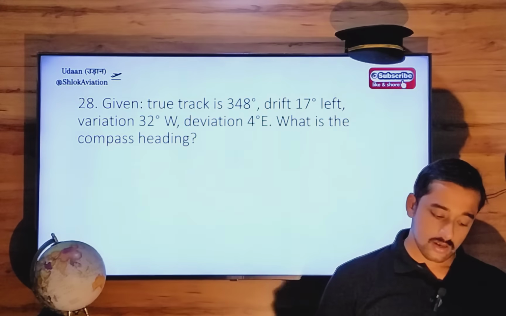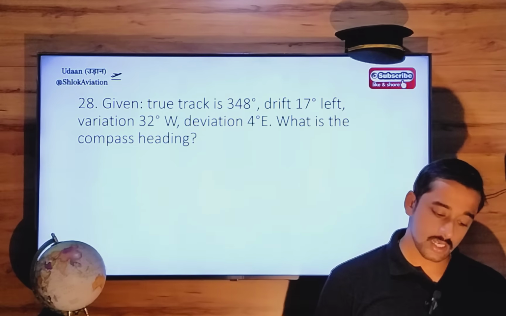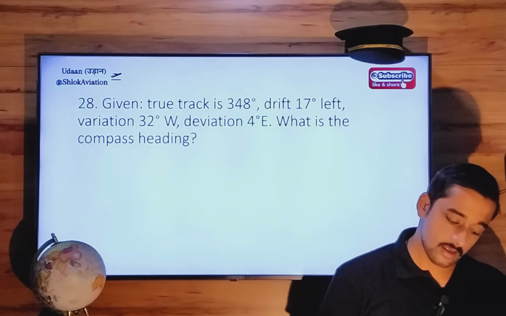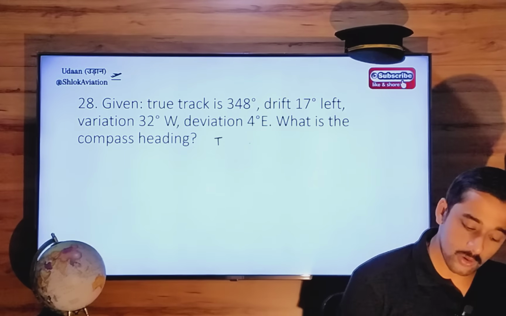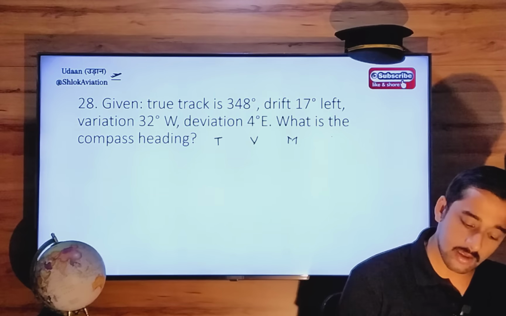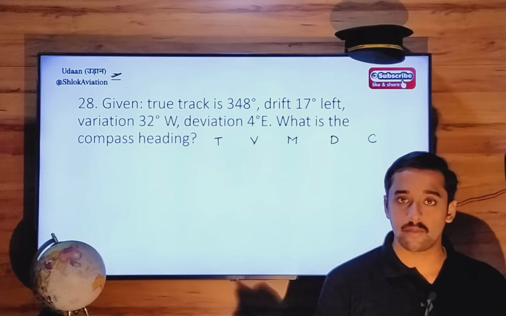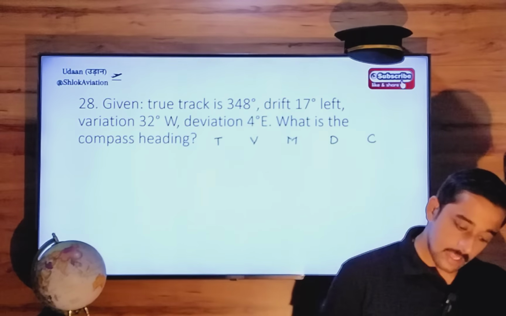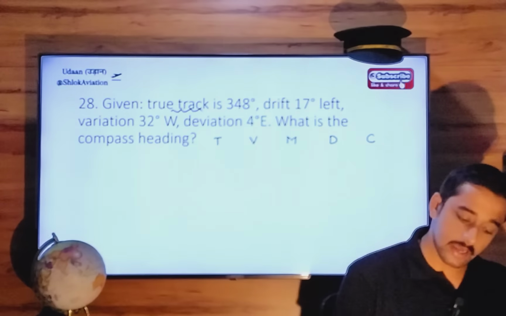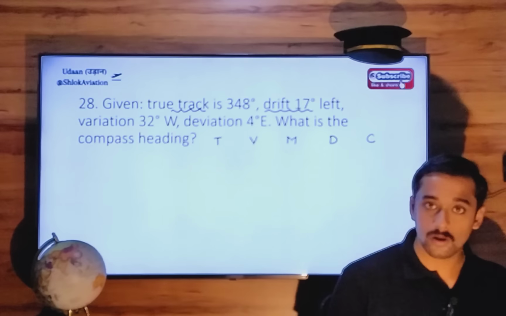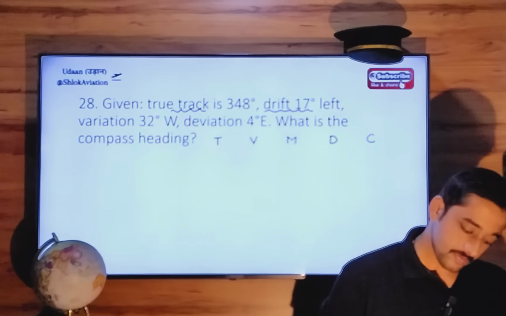Next. True track, drift, variation, deviation. What is compass heading? To get compass heading, you must know true heading, magnetic heading, deviation, and then ultimately compass heading. So when you know true track and drift, you can find out true heading.